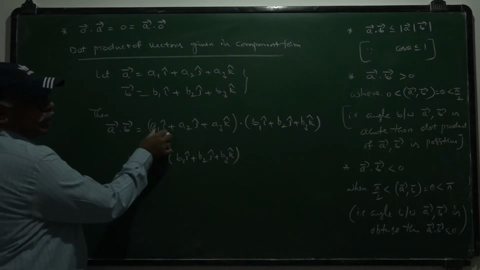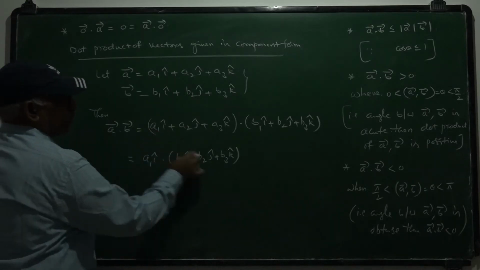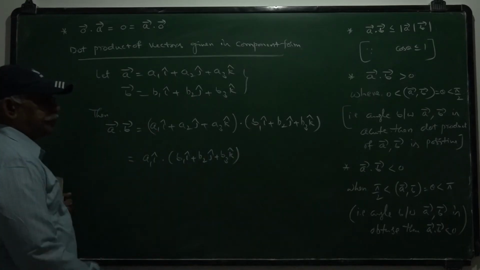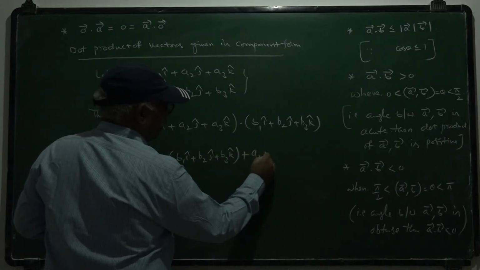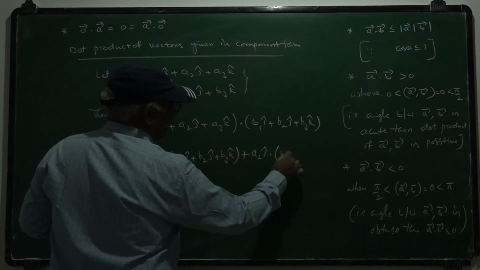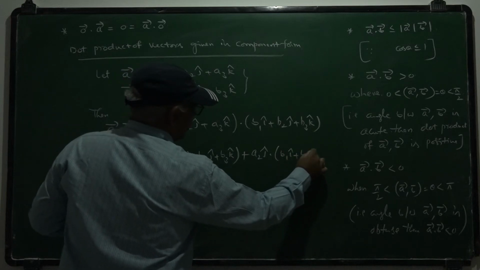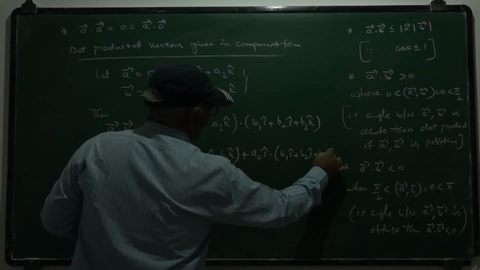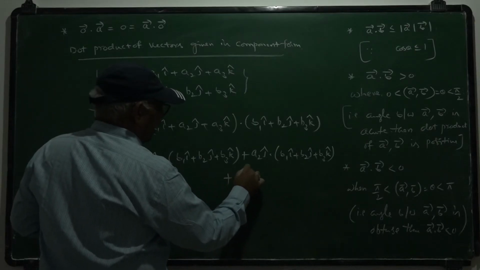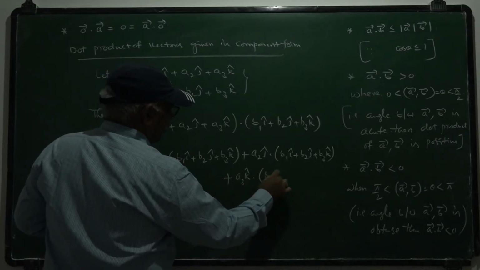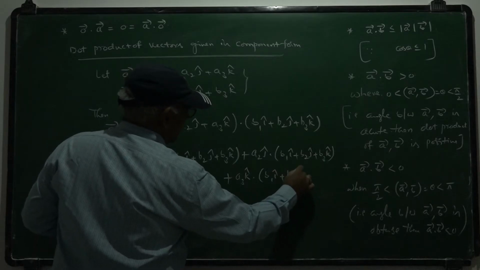I am taking the dot product of this vector with this vector. Similarly, plus A2 j dot B1 i plus B2 j plus B3 k, plus A3 k dot B1 i plus B2 j plus B3 k.